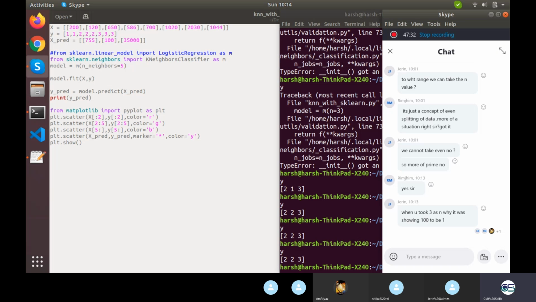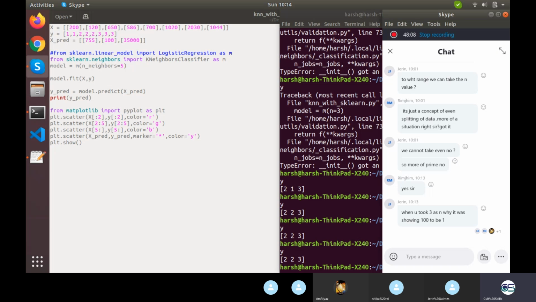When you took 3 as n, why was it showing 100 to be 1? Because at that time it was comparing it to 3 elements. Or simply it was taking all the top values but just reducing it to 3 numbers. So it was taking in the later step only 3 shortest distances, and as far as those 3 distances, 100 was coming in the prior most list. The class for 100 was 1, but when it took 5 distances, then the class of 100 shifted to 2.